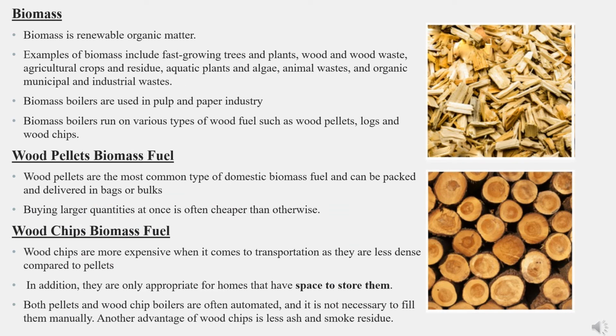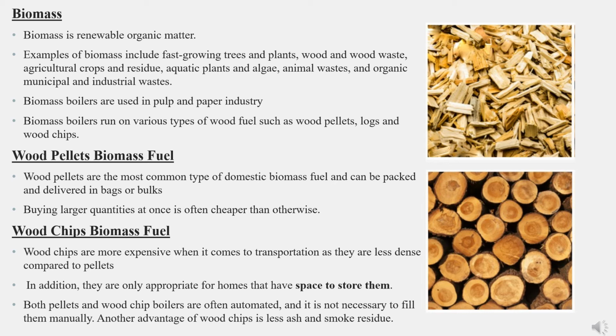Another type of fuel that can be used is biomass. It is renewable organic matter. Examples of biomass include fast-growing trees and plants, wood waste, agricultural crops, and industrial waste. Biomass boilers are used in the pulp and paper industry. These boilers run on various types of wood fuel such as wood pellets, logs, and wood chips.